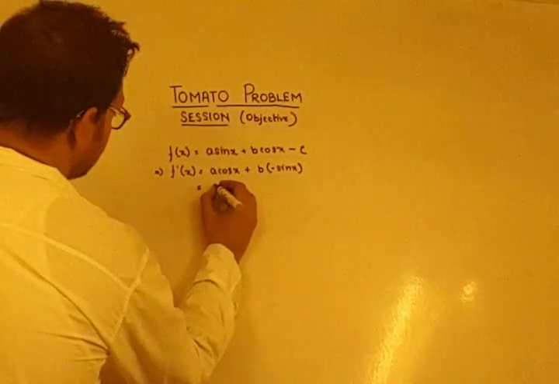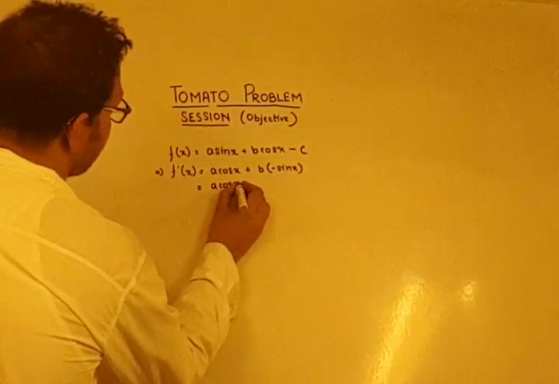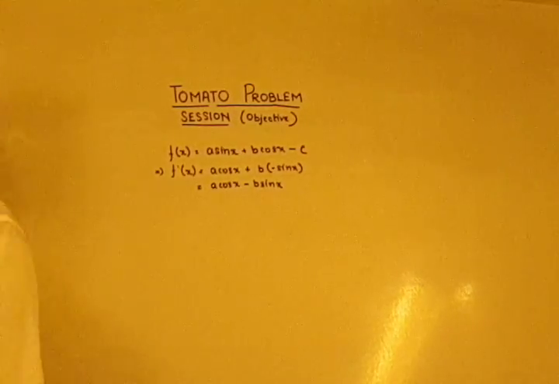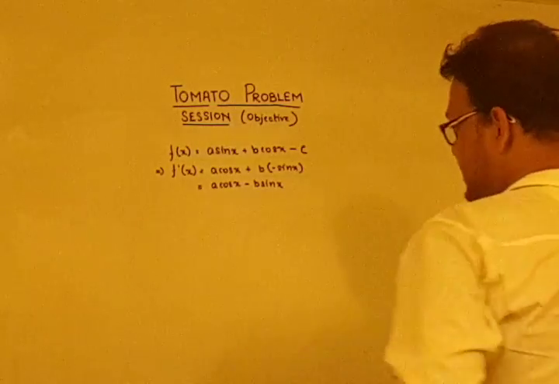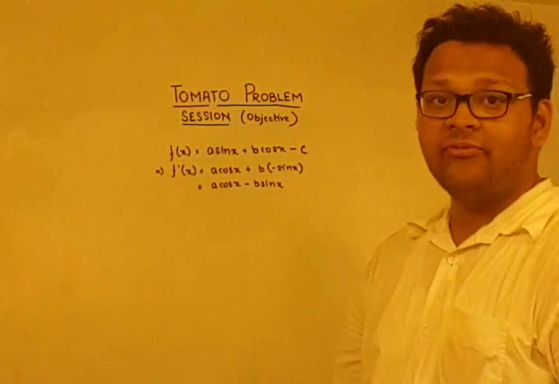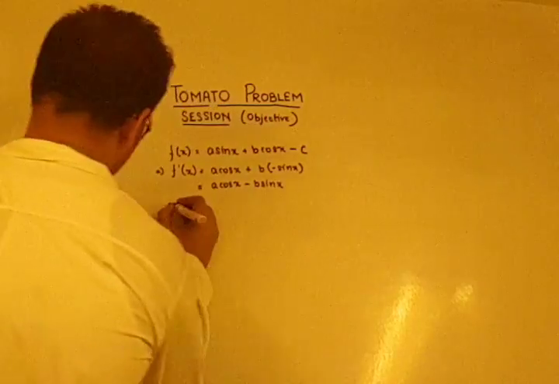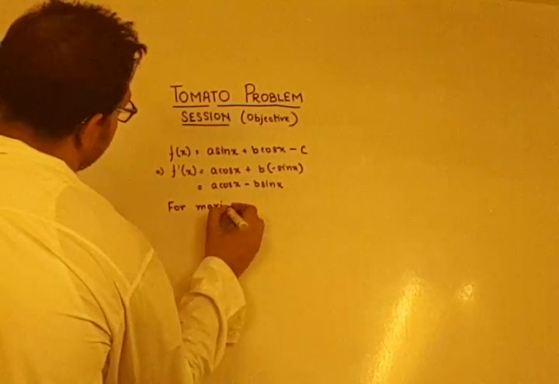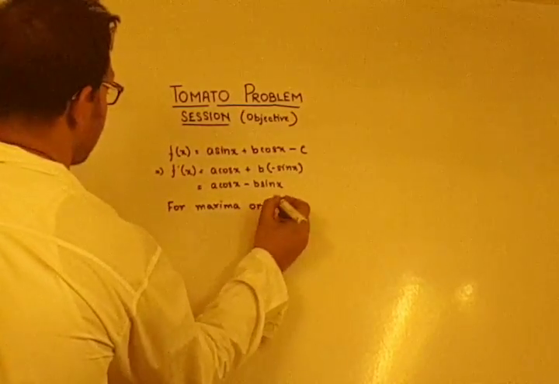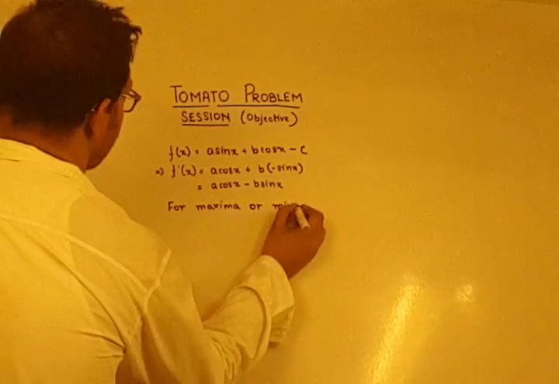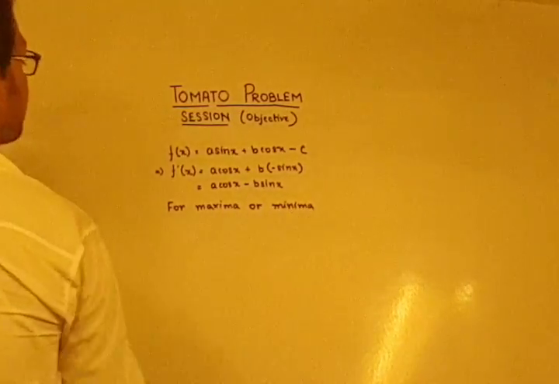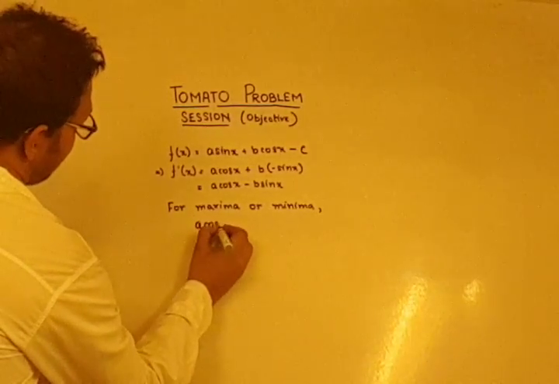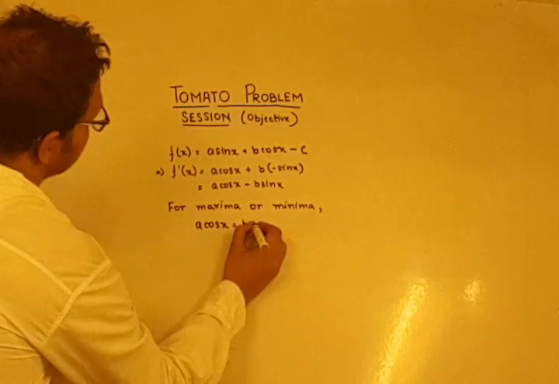Which further becomes, isn't it? So I differentiate this expression, and now we know that for maxima and minima, a cos x must be equal to b sin x.